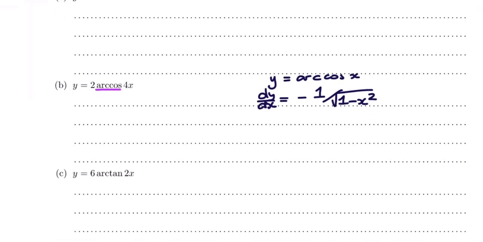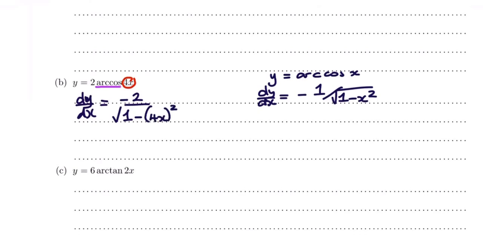So what have we got to be careful of? Well, we haven't got x, we've got 4x, and we've got a 2 at the front. So we've got dy/dx equals -2 over, so I've got the 2 at the front, the square root of 1 minus, now we haven't got x, we've got 4x all squared, and then we need to differentiate inside.